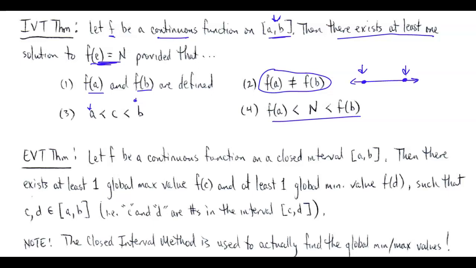And the point on the graph is going to be in between the point a, f of a, and of course the corresponding y value for that, and b, f of b.